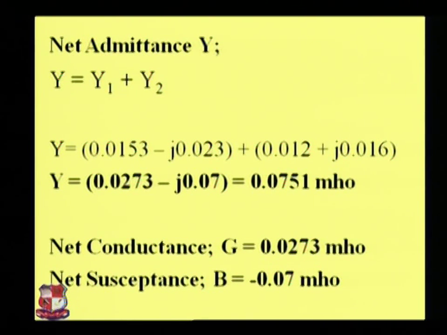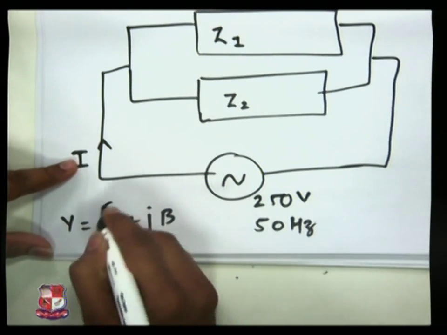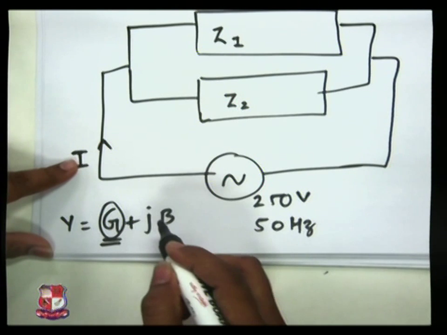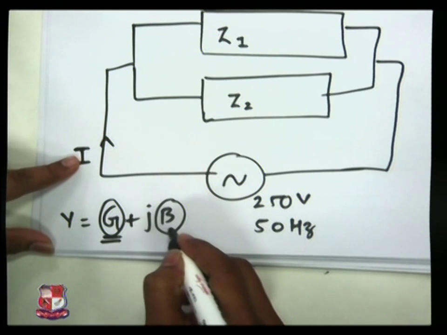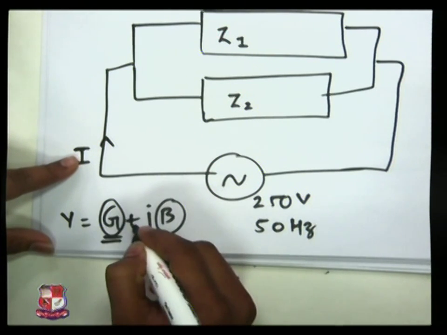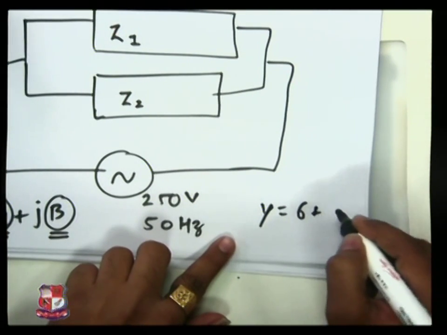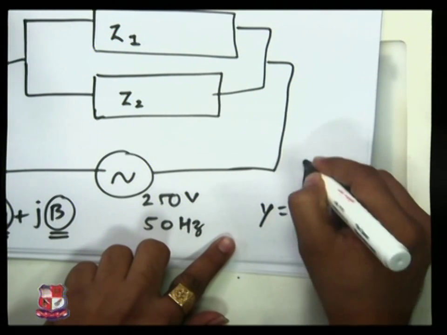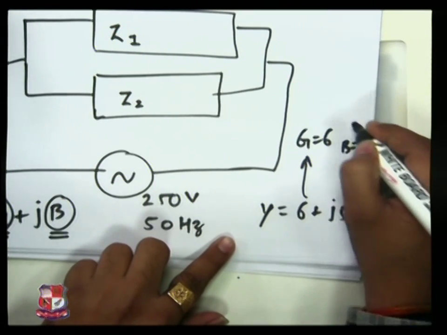So 0.0273 is G, and the remaining part is the net susceptance B. In the equation y equals G plus jB, whatever value is without j is the net conductance, and whatever value is multiplied by j is the net susceptance B. It may be, for example, y equals 6 plus j5, so G is 6 and B is plus 5.